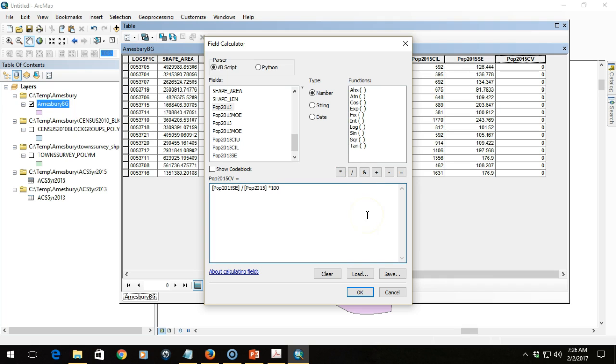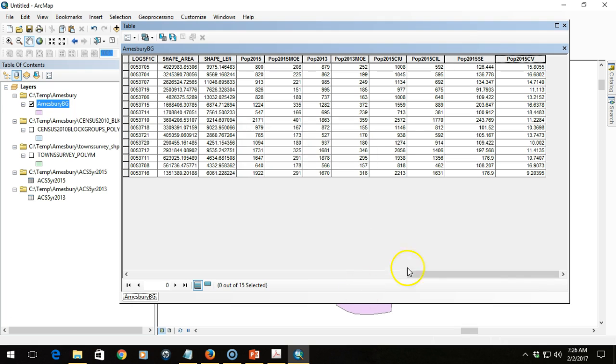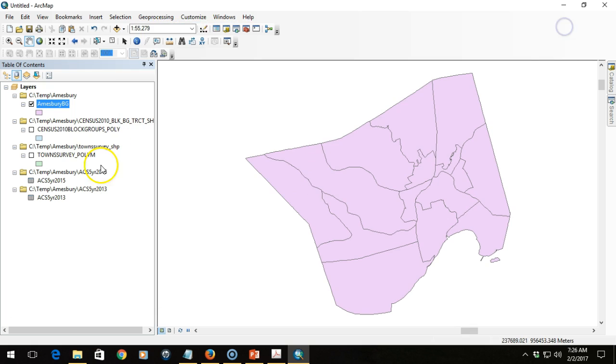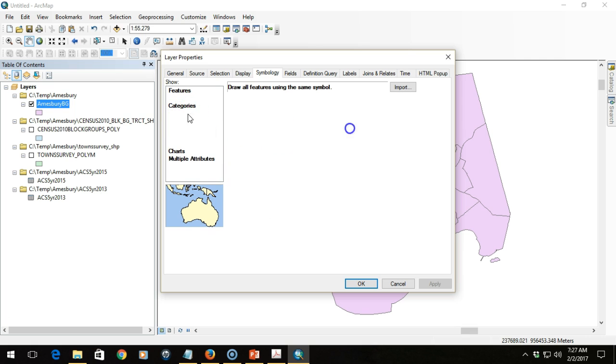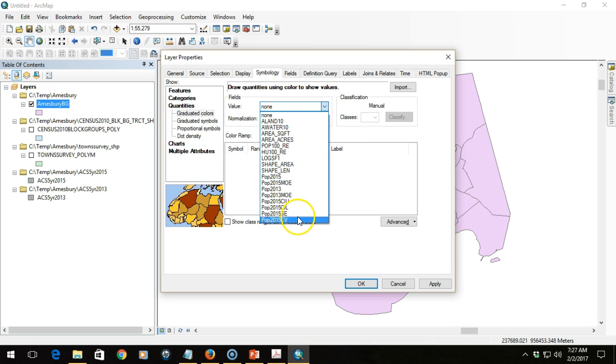So the coefficient of variation is computed by dividing the standard error by the estimate and then multiplying by 100. These values represent percentages, so we can say the percentage of variability around our statistic. So if we wanted to map these, we could look at how the population estimates vary around that.